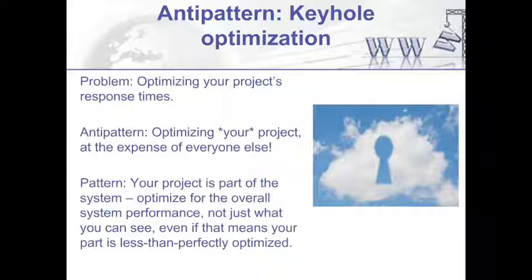This is the first one, what I call keyhole optimization. A lot of times when we load a web page, there are many different steps and objects and activities taking place. And some of them will be more or less optimized than others. One thing I see people doing is deciding that they're going to optimize what's in their domain without thinking about the effect on the rest of the system.